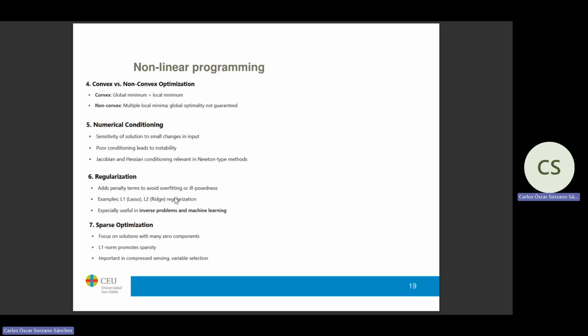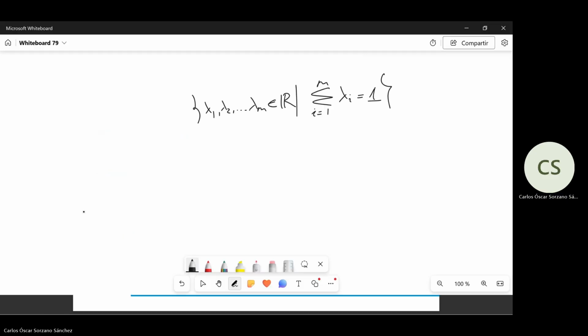And they are also used to avoid overfitting to the training data. In all these inverse problems, machine learning helps very much. Do you know what inverse problems are? No? Okay, so an inverse problem is the following.